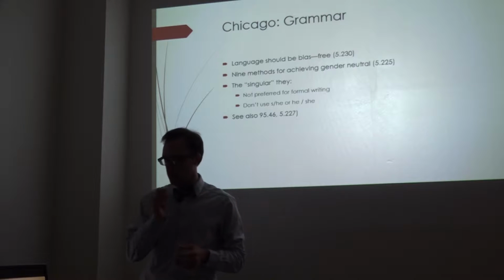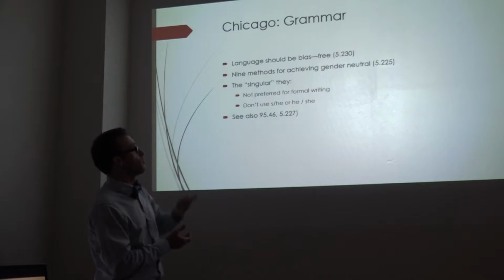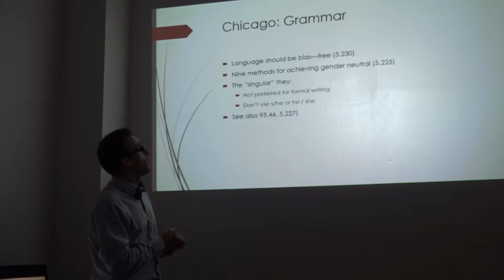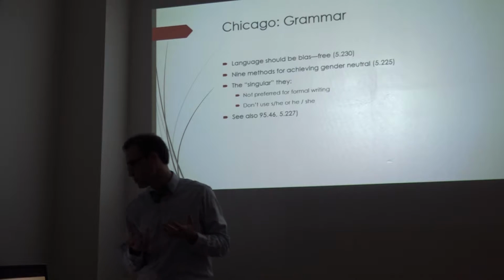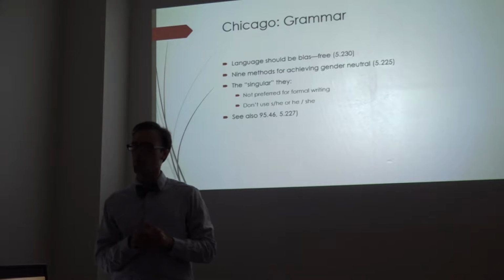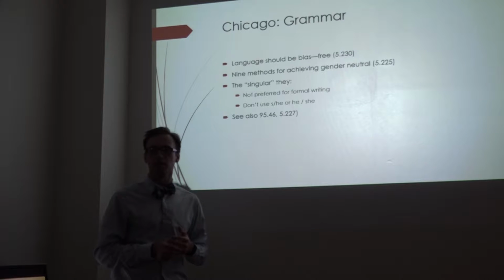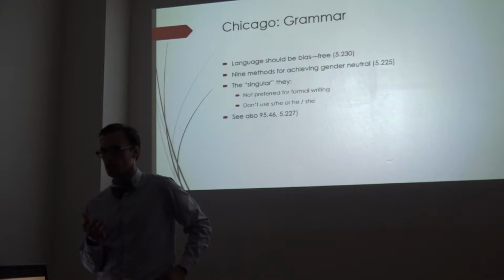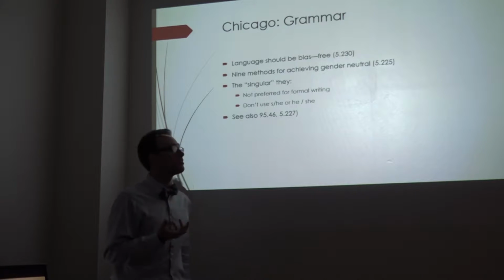Other things that are actually pretty much standard, especially with dissertations: language should be bias-free. You can look in Chicago, they have different methods for you to achieve neutral, gender-neutral language. Try to avoid the singular they. It's becoming more common in writing, but for Chicago style, for the Dissertation Manual, try not to use they in the singular.